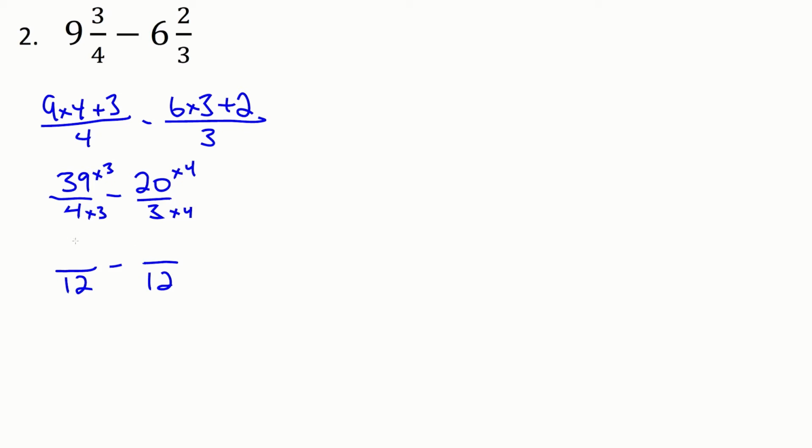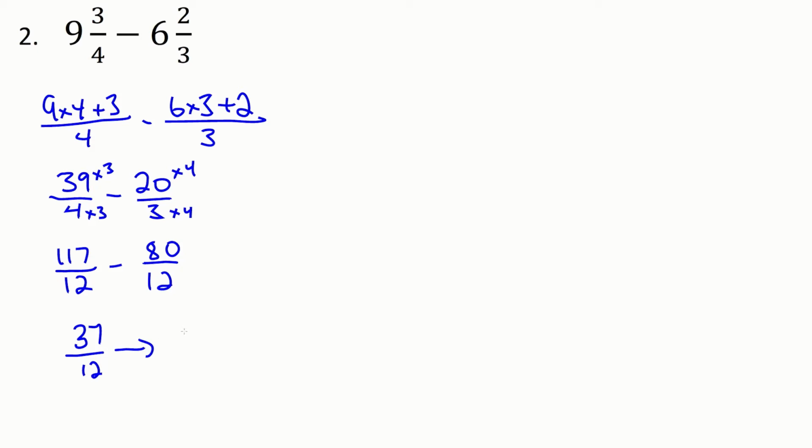So 39 times 3: 30 times 3 is 90, 3 times 9 is 27, so that gives us 117. 20 times 4 is 80. So subtracting, 117 minus 80 leaves us with 37 over 12. This is not a mixed number though, so let's convert this out.